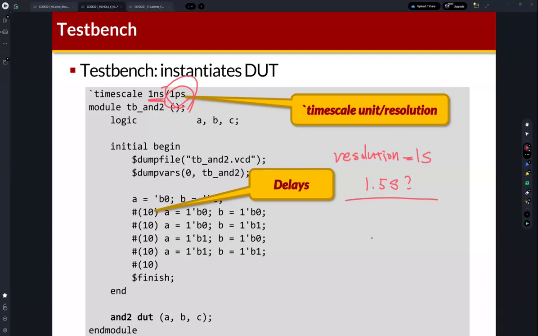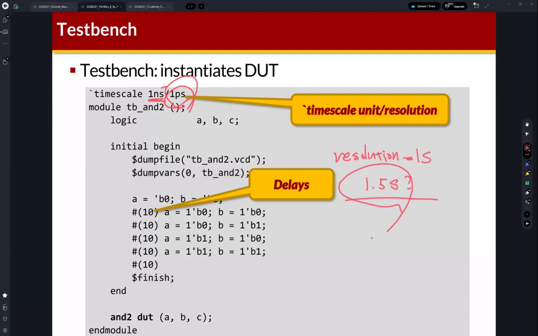This is related to some hardware. Let us assume that the hardware can detect this time resolution, and the time resolution is 1 second, but we want to represent 1.5 seconds. But it is not possible.